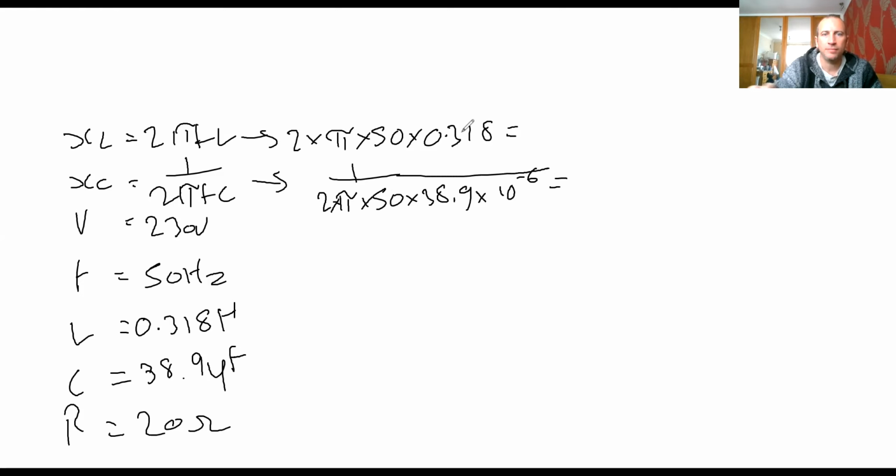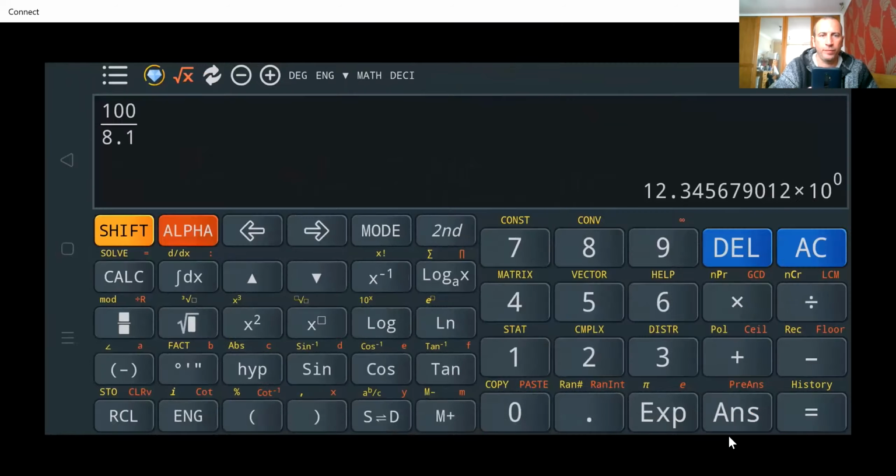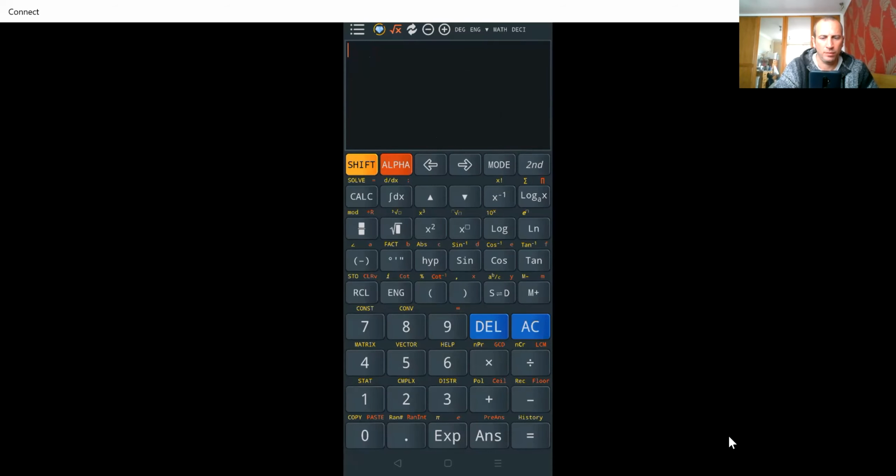Let's get our calculator. 2 times pi times 50 times 0.318.